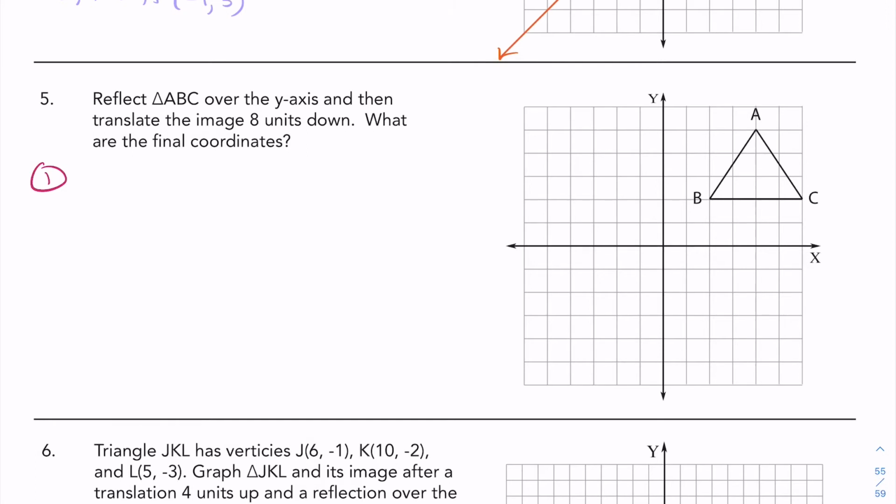Okay, so ABC over the y-axis. That is x equals 0, which means the x's are changing. So opposite x comma y.